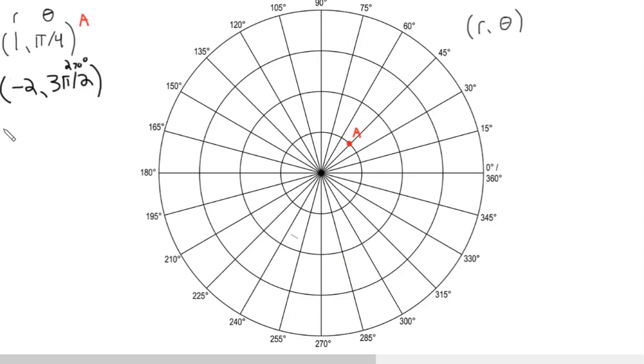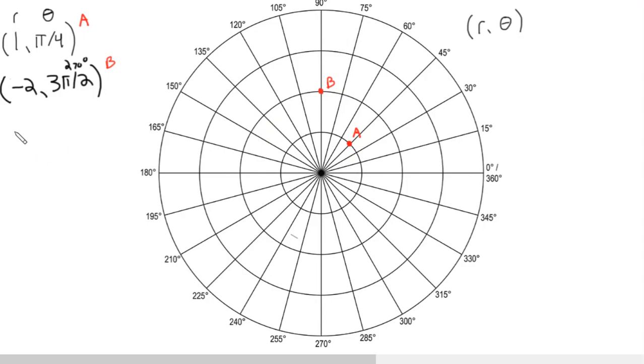So instead of being plotted all the way at 270 degrees, he's actually just going to go in the opposite direction. So he's just going to go right there. And I'll call this point B. So it's not too bad at all.